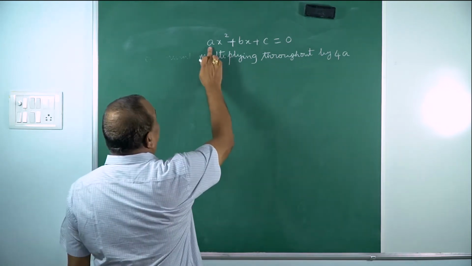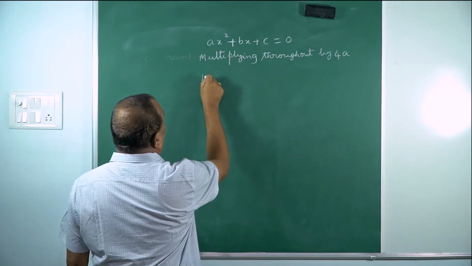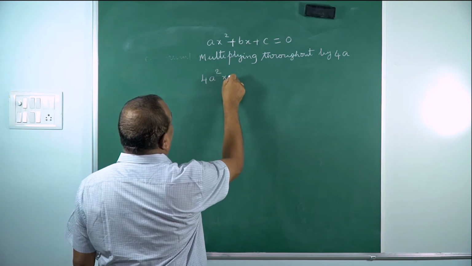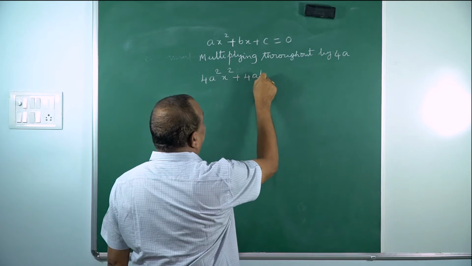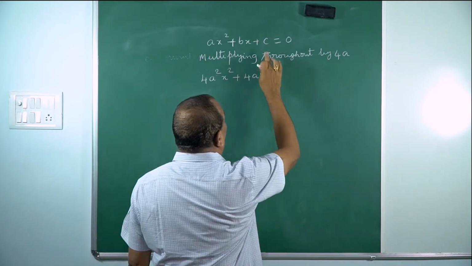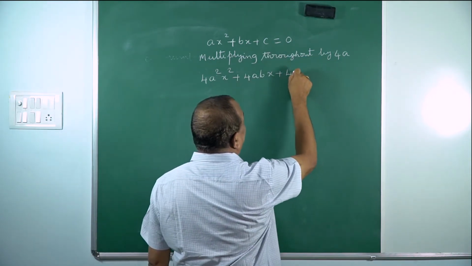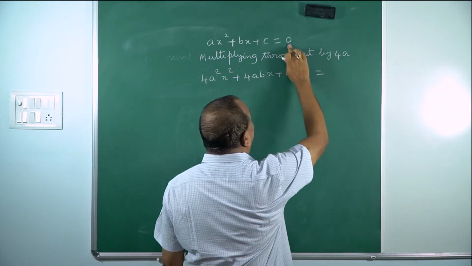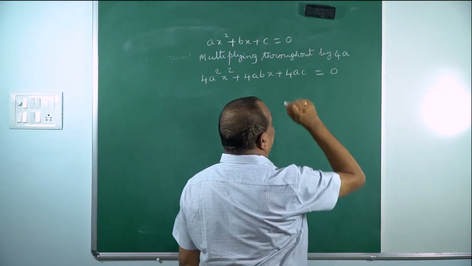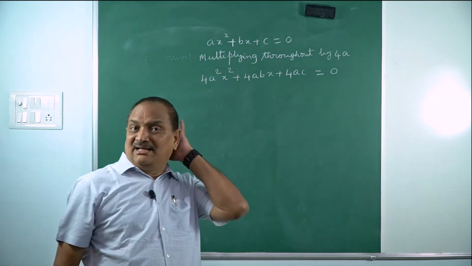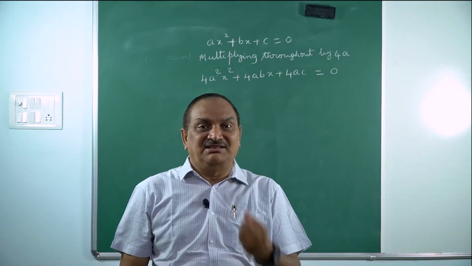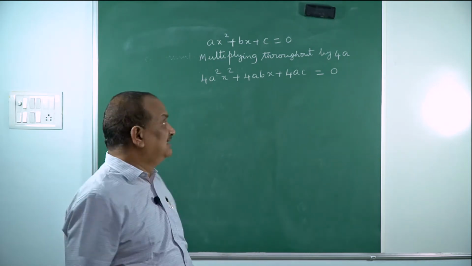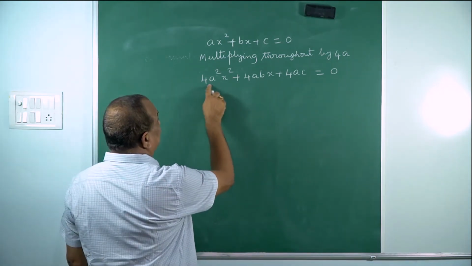Start: 4a into ax square, 4a square x square, 4a into bx, 4abx, 4a into c, 4ac is equal to 4a into 0, 0 only. We have multiplied throughout the equation by 4a. I got a distinct advantage of that. Let's see what. So this is a 2ax whole square.